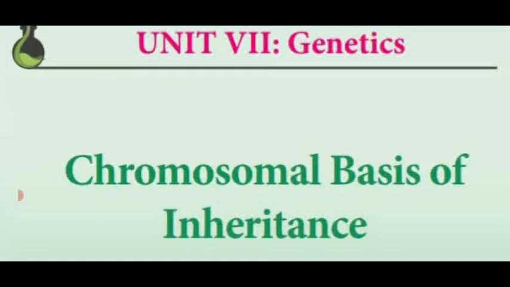Dear students, in the previous video class, we have seen what is crossing over and the mechanism of crossing over, which contains 4 stages: synapsis, tetrad formation, crossing over, terminalization.